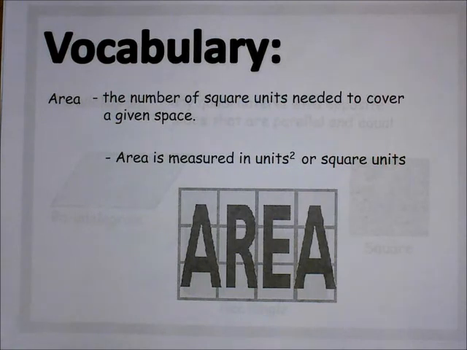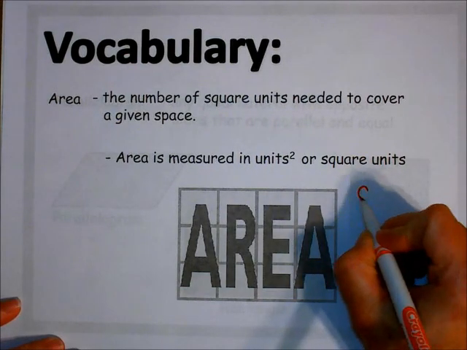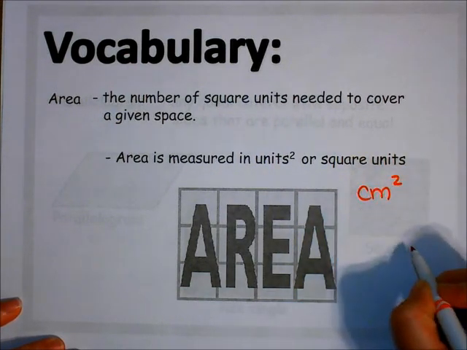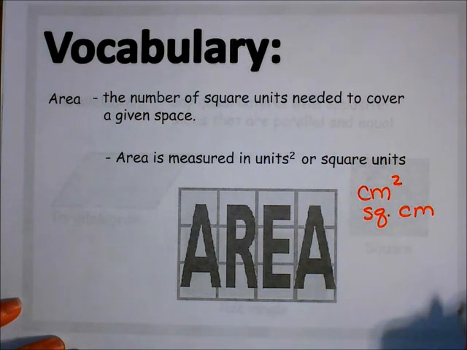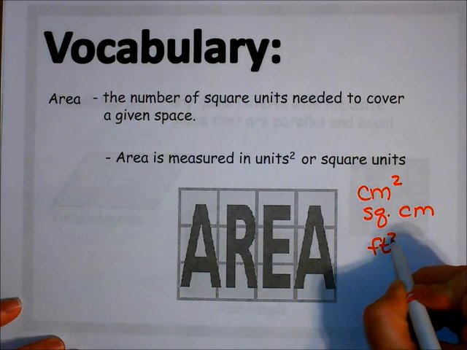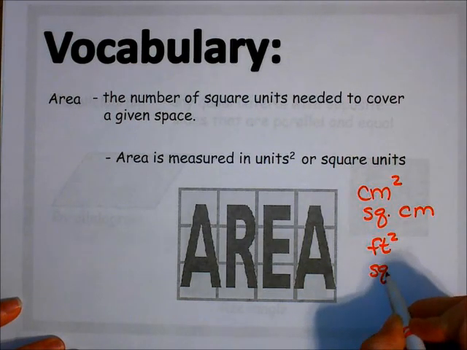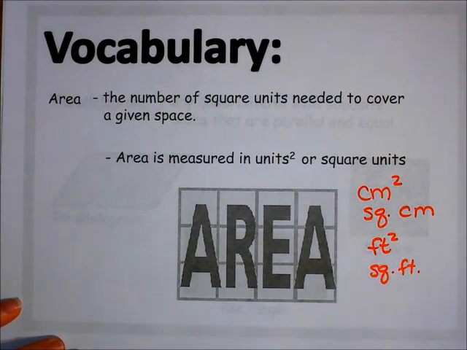Remember that when we found perimeter, we label it in just the unit: inches, feet, miles, centimeters. With area, we measure in square units. So I could say centimeter square or square centimeters. I could say feet squared or square feet.